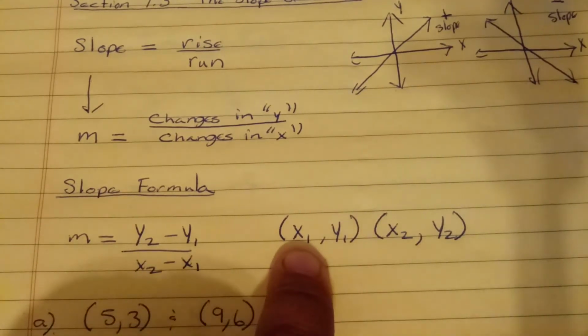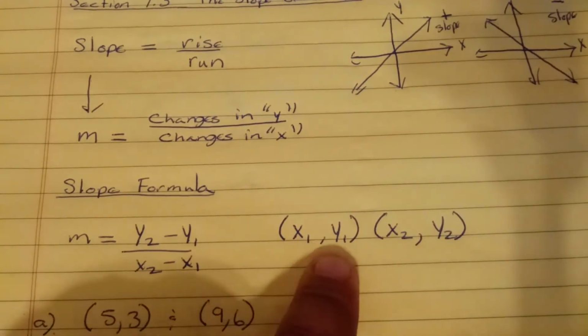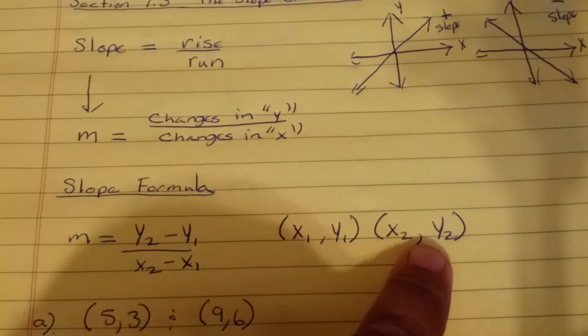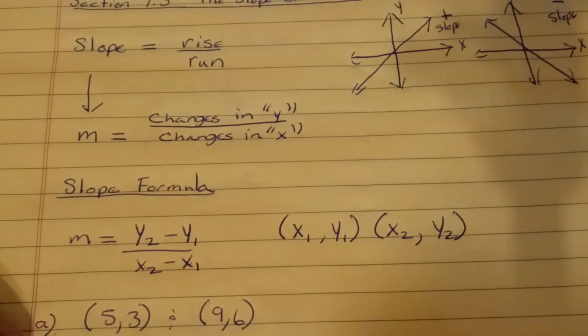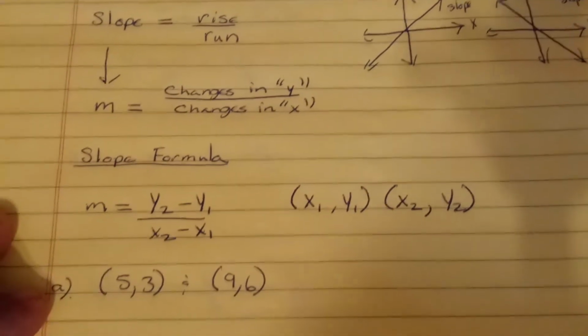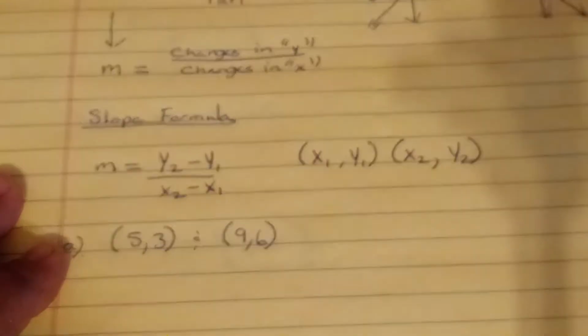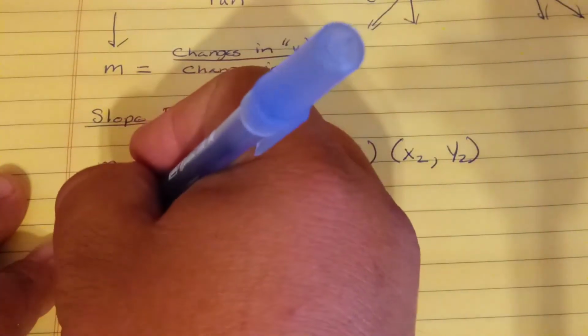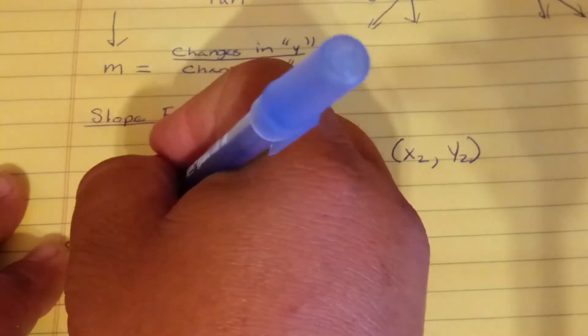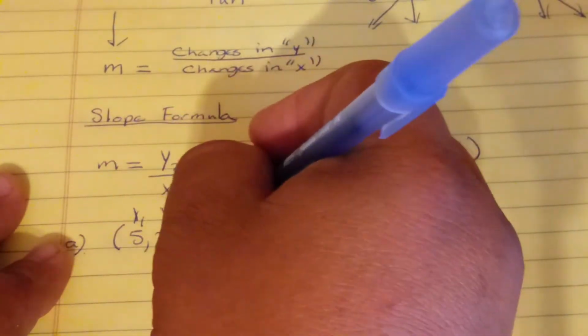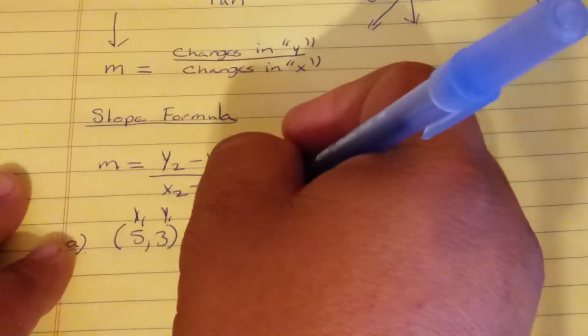So in other words, you're going to label your ordered pairs x1, y1, x2, y2, so you know where you're getting them from. So let me give you a quick example of those. The first one here that we have is (5, 3) and (9, 6). So we're going to label these as x1, y1, x2, y2.